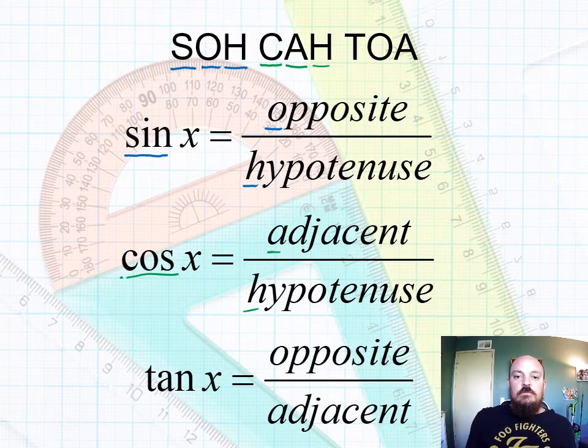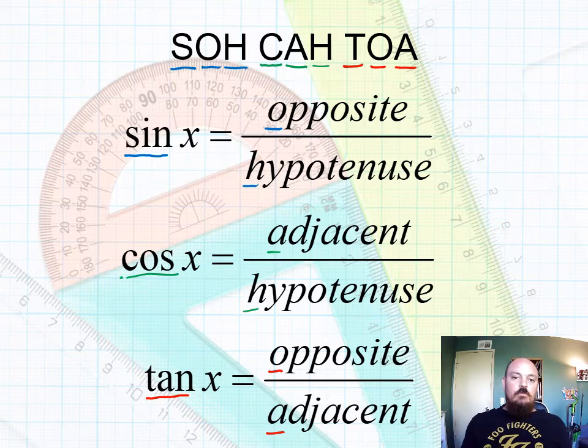The third one, T tangent equals O opposite over A adjacent. So each 3 letters gives you first the name of the trig function, sine, cosine, or tangent, and then what that fraction is equal to. You'll have equals, and then the next 2 letters tell you something over something.